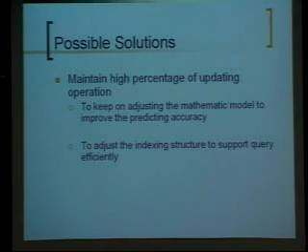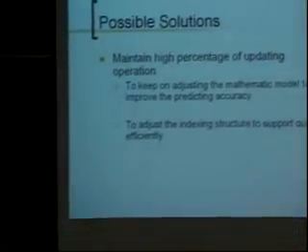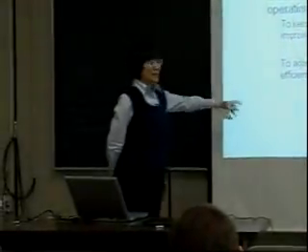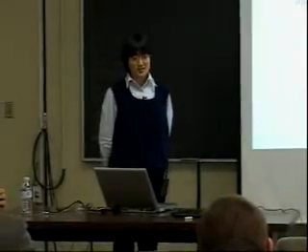The possible solution is to maintain a high percentage of updating operations. That is, we keep on adjusting the mathematical model to improve predicting accuracy, and adjust the indexing structure to support query efficiency. Experience so far shows that if we maintain a 20% updating of the leaf nodes, then it's possible to maintain the high quality of the indexing structure.